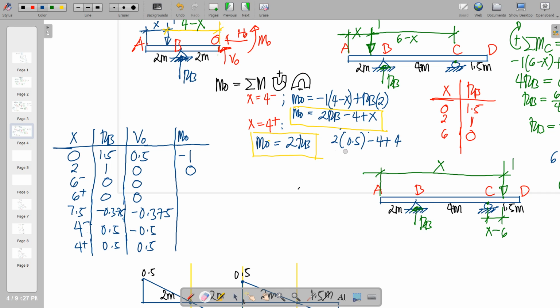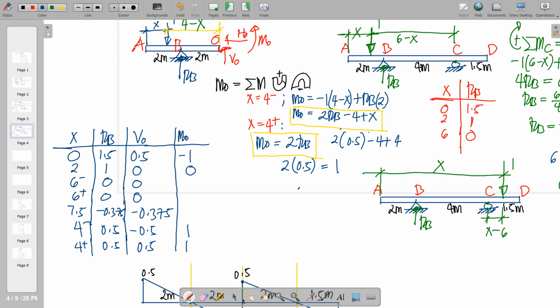So 2 times 0.5 minus 4 plus 4. So I think we still have the same value. That will be equal to 1. And then if we have a 4 plus, so we use this equation. 2 times what is our RB for 4 plus? 0.5 also. So this is also equal to 1.